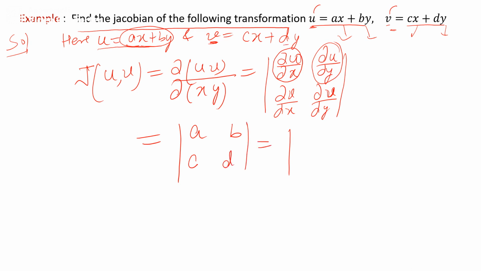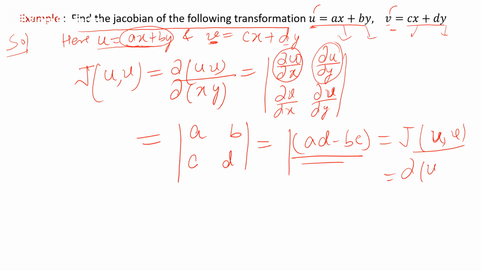On solving that determinant, we get ad minus bc. So this is the Jacobian of u, v, or we can say the partial derivative of u, v with respect to x, y.